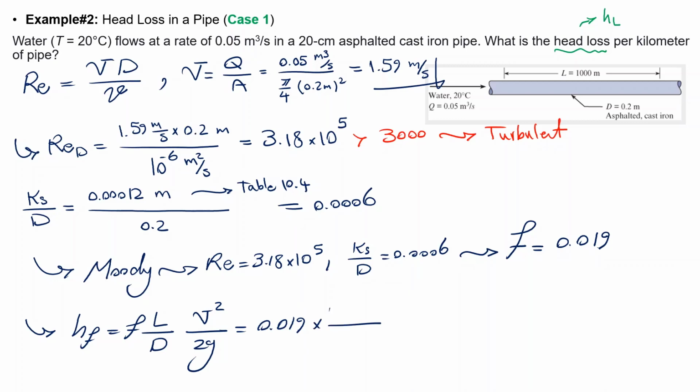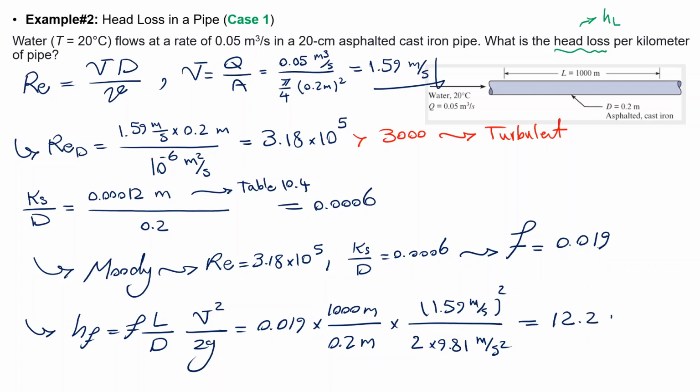Length of the pipe is 1,000 meters. Diameter is 0.2 meters. Velocity I calculated to be 1.59 meters per second, squared, and 2 times 9.81, and the unit for this is meters over seconds squared. So HF, or head loss, would be equal to 12.2 meters.